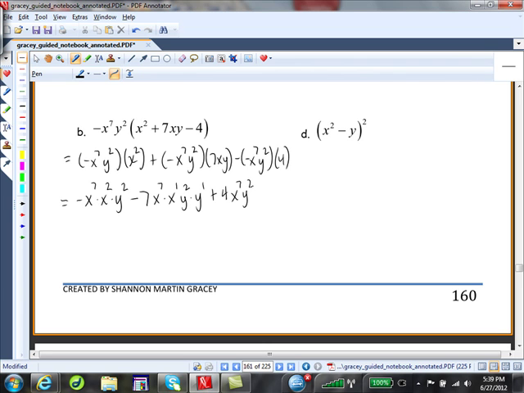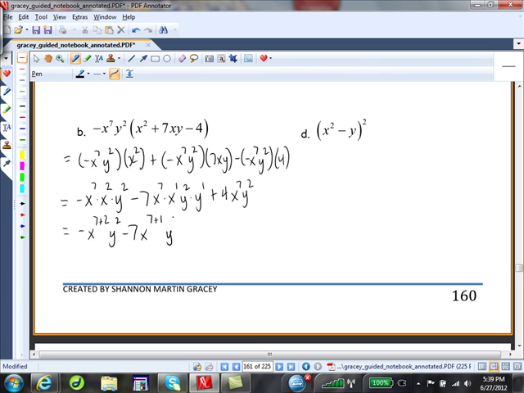Now we don't add the exponents on the x to the 7th y squared because they're not the same bases, so you can't use that rule for them. But here we can. We've got a base of x and x, so this will be negative x to the 7 plus 2 times y squared, minus 7x to the 7 plus 1.